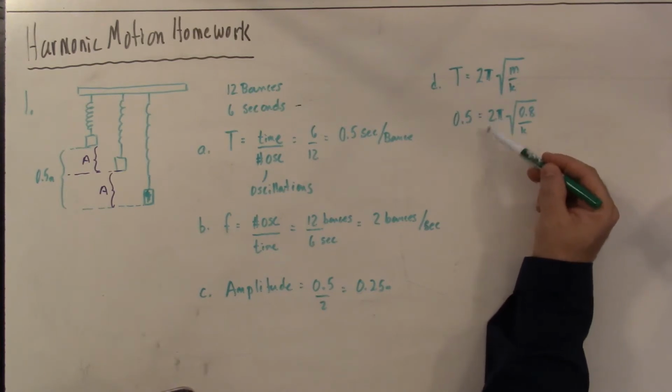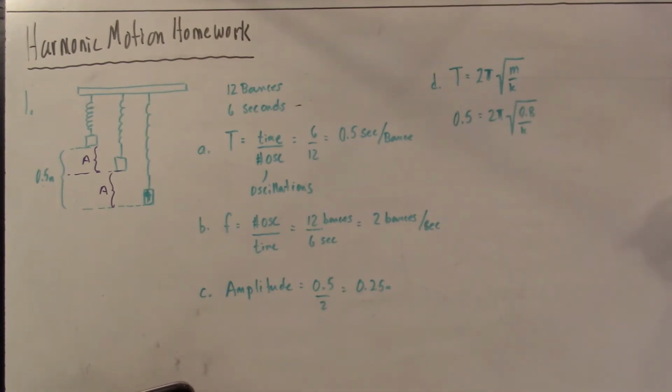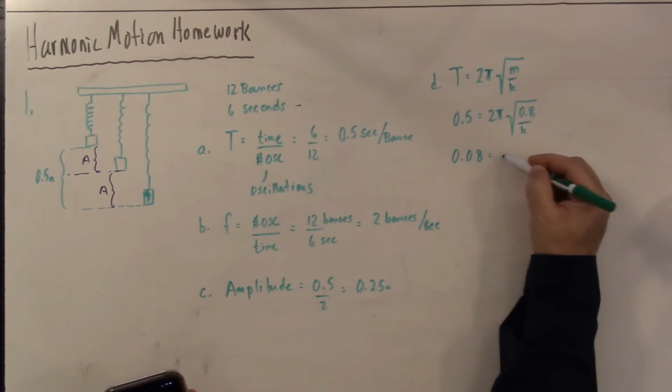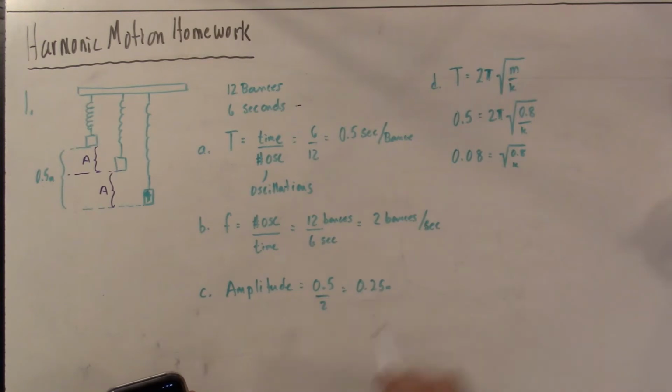So either do 0.5 divided by 2 divided by pi, or do 0.5 divided by parentheses 2 pi close parentheses. Either way, you're going to get 0.08 is equal to the square root of 0.8 over k.